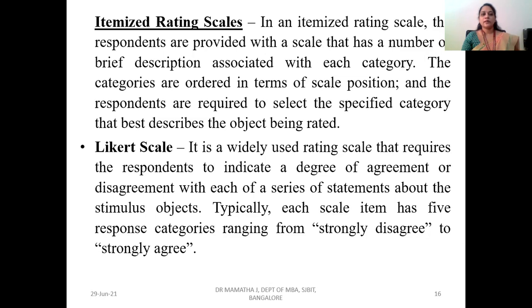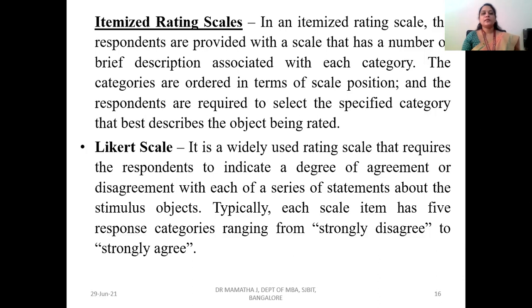Next, itemized rating scales, sometimes also called summated scales. Respondents are provided with scales that have a number of brief descriptions associated with each category. You will have a number of statements with items defined.